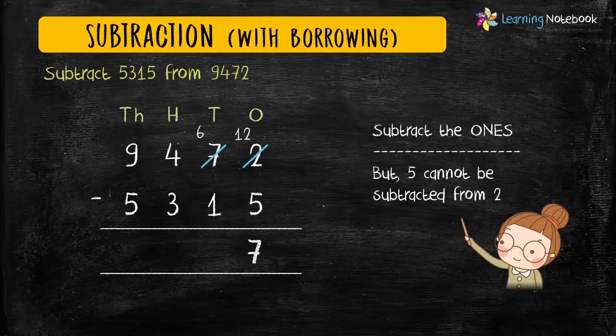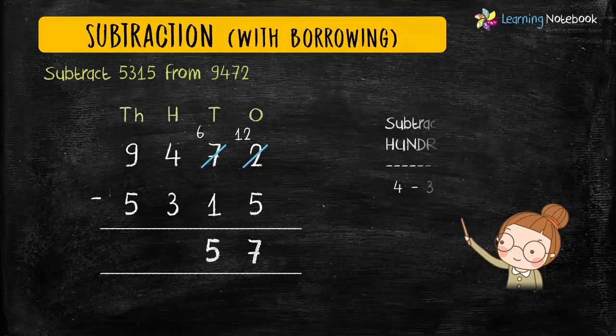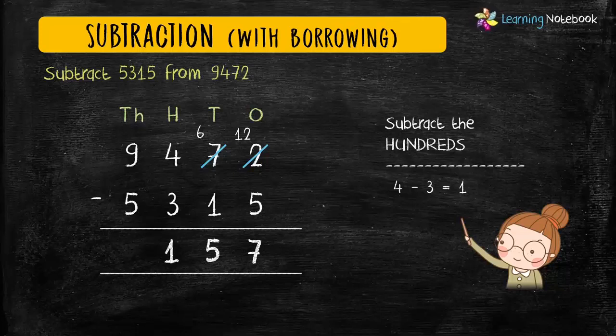Next, subtract the digits at tens place. 6 minus 1 equals to 5. Now, subtract the digits at hundreds place. 4 minus 3 equals to 1.